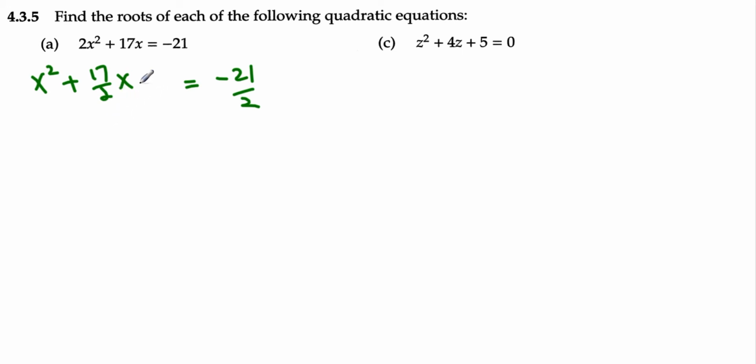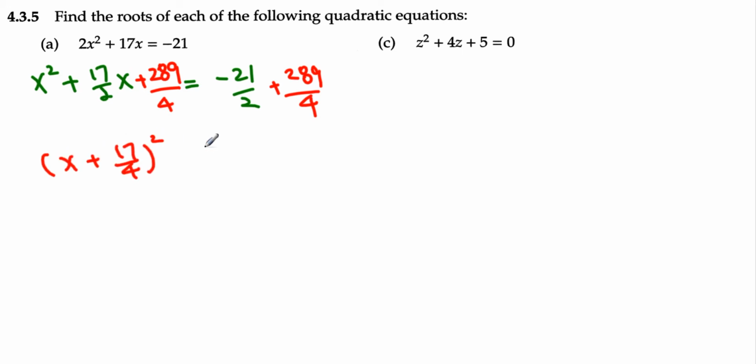Then I'm going to add 289, which is the square of 17 over 4, plus 289 over 4. Then on our left side, we get x plus 17 over 4 squared, our perfect square. How about on the right side? I can just double that, becomes 42. So we get 2, 4, and then 7 over 4.